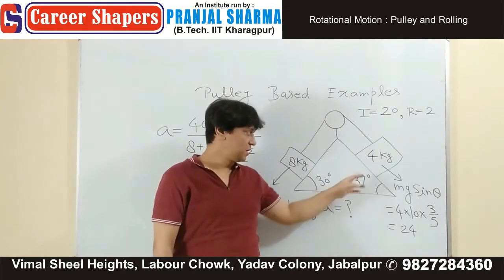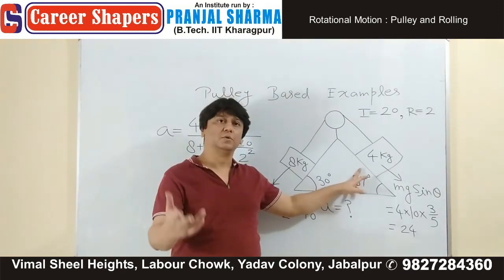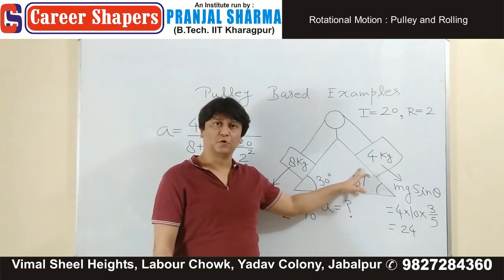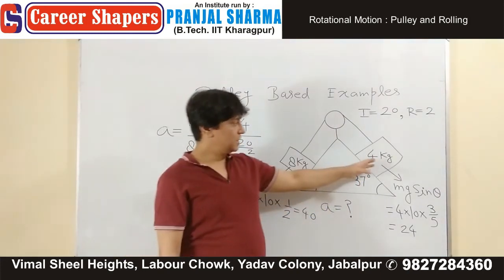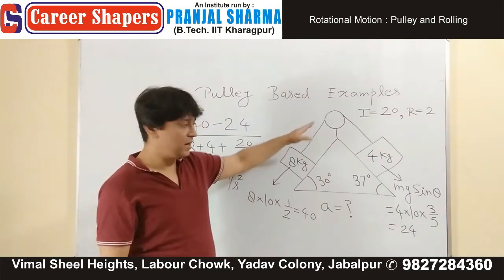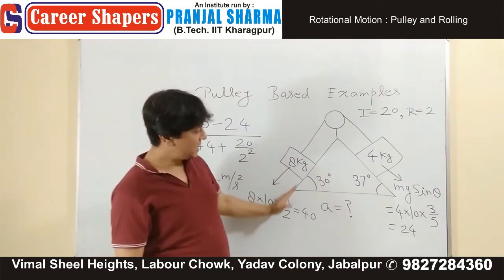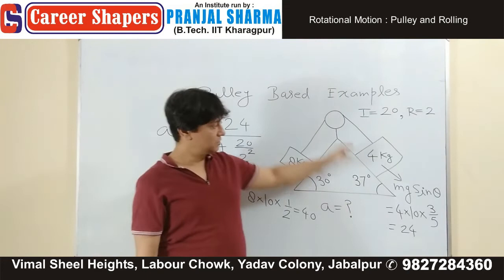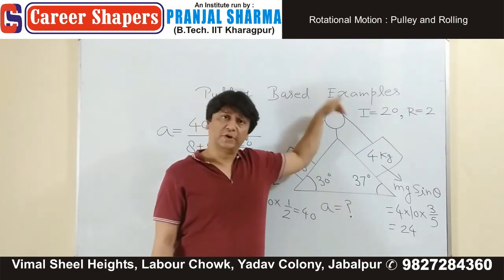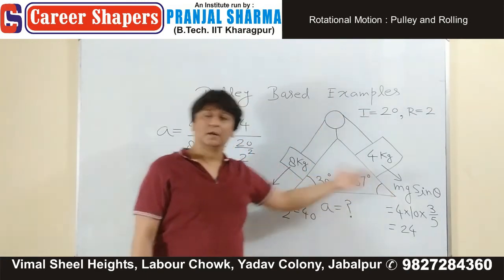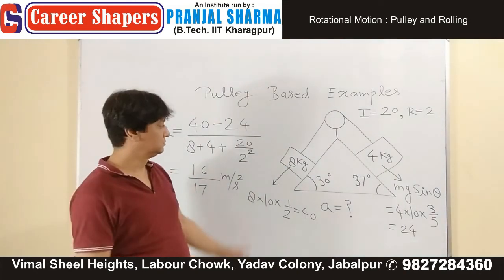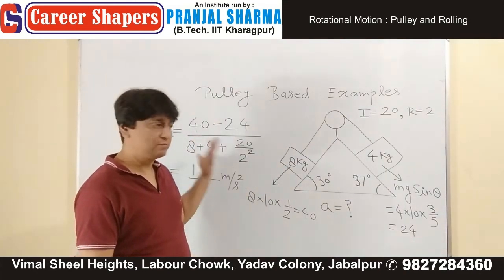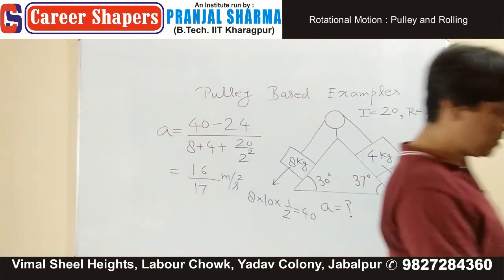You will find the frictional force, which is mu mg cos theta. If the whole thing is coming down this way, friction will be acting in this direction. If it is going up, friction will be acting down the plane. Use the effect of friction. Same method, same everything.